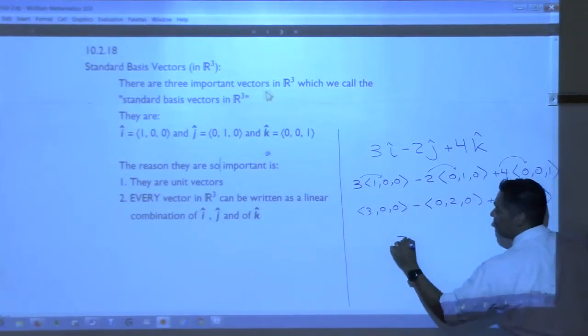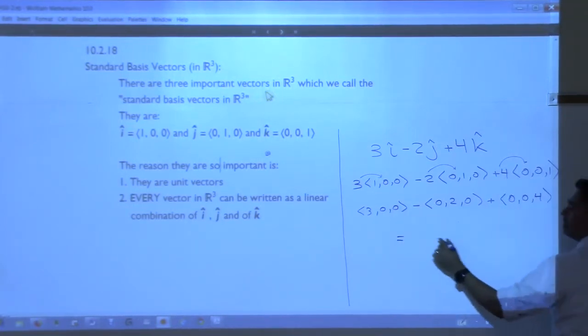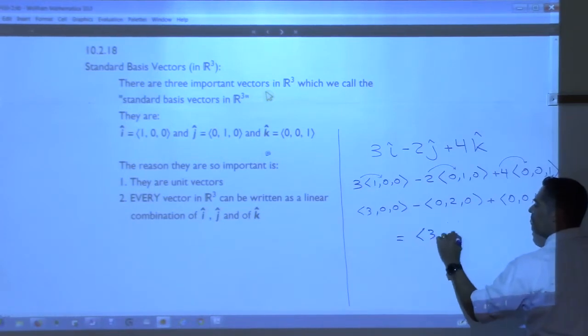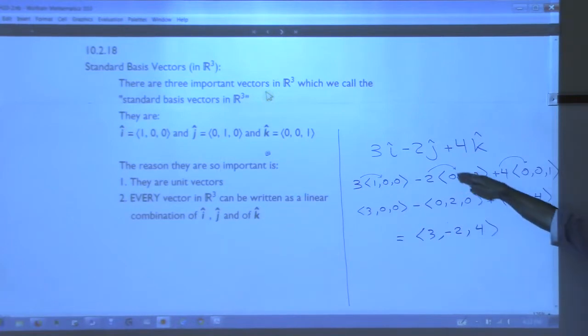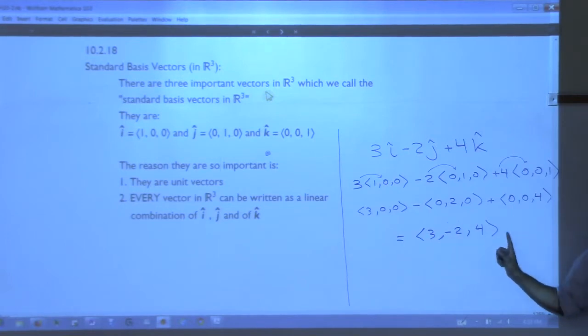And when I put these all together, I'm going to get the vector 3, negative 2, 4. So you will never see me write 3i hat minus 2j hat plus 4k hat. You'll always just see me write 3, negative 2, 4. These are the same thing, all right? Just different notation for the same exact thing. I just don't want you to feel like you're doing something completely different because I'm not using i hat, j hat, k hat.